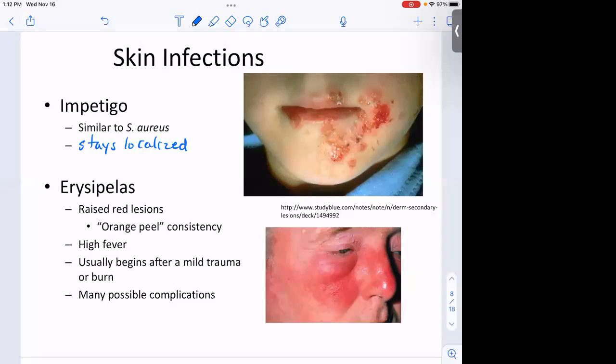Getting a little bit more serious, erysipelas. Skin is often described as having an orange peel consistency, so kind of tough, little pits in it, maybe. Okay, looks kind of bright red, raised red lesions. Patients typically have high fever, also associated with that, typically vomiting, fatigue.